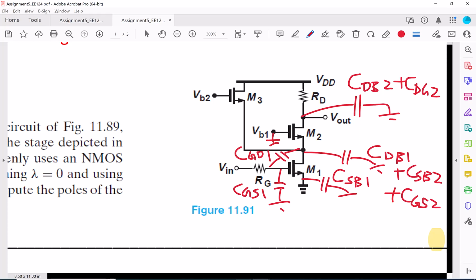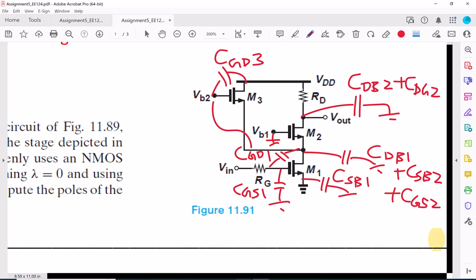And then I need to do this one. What is this one? Okay, but what do you call it? CGD3. And then how about from B2 to here? How about this one? I am going to group it together. So I'm talking about this one to here.